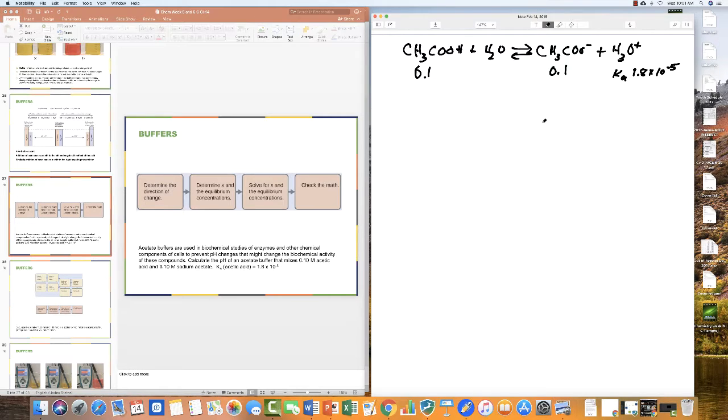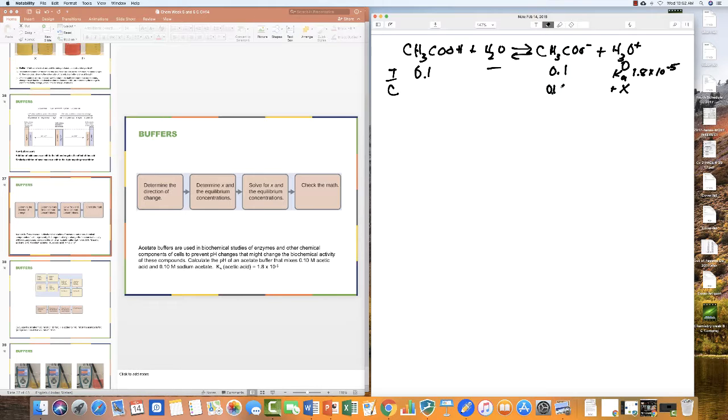And like I said, buffers in general are a combination of a weak acid and its conjugate base, which is what has happened here. And so initially, when we mix these two things together, there's no hydrogen ion. We don't have to worry about that. The change is going to be, we're going to end up with some amount of hydronium ion.